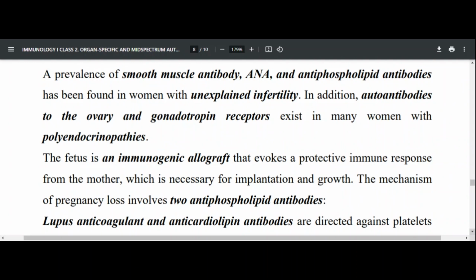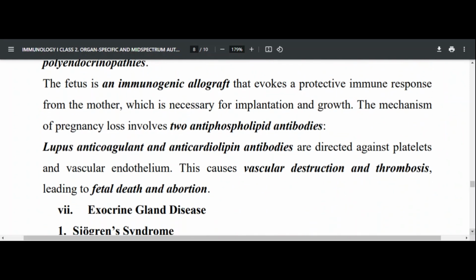So the fetus is acting as an allograft. An allograft is just a graft from someone else. So even the fetus acting as an allograft initiates an immune response of the mother. Lupus anticoagulants and anticardiolipin antibodies are detected against platelet vascular endothelium, and this can cause vascular destruction and thrombosis, leading to death and abortion.